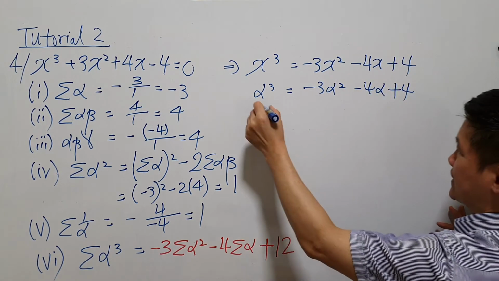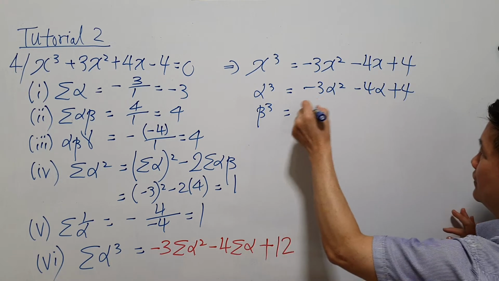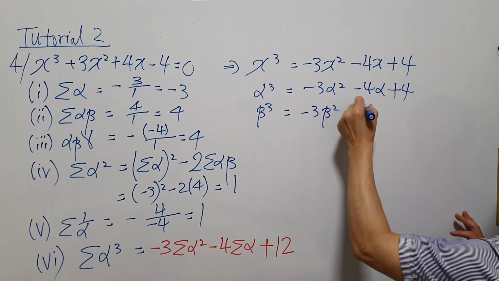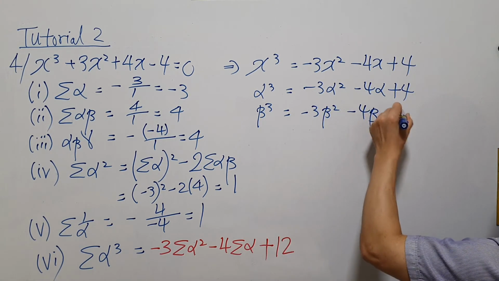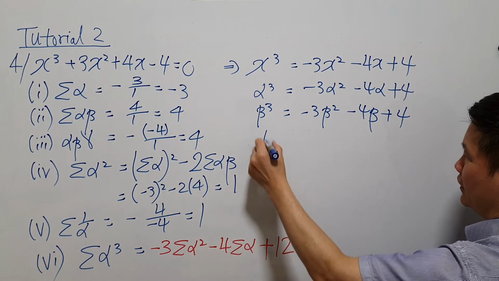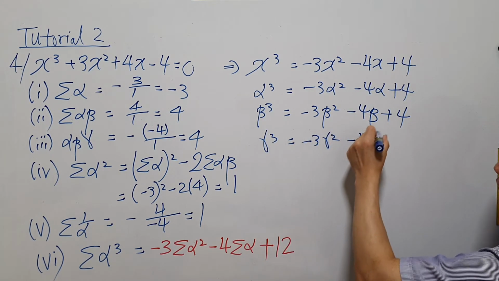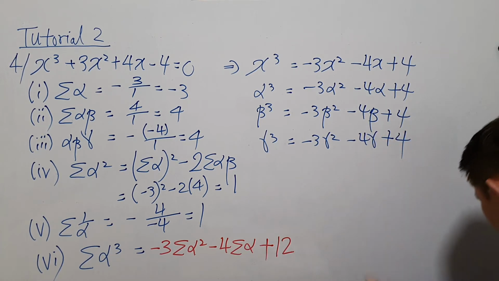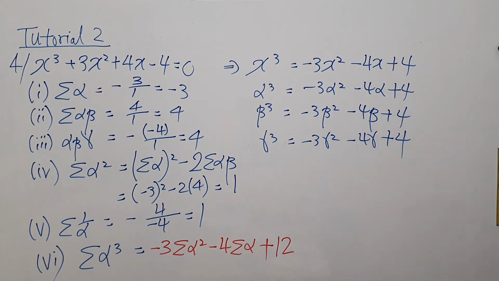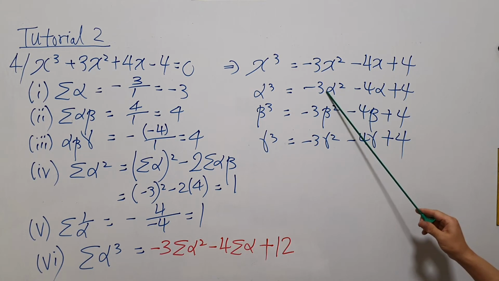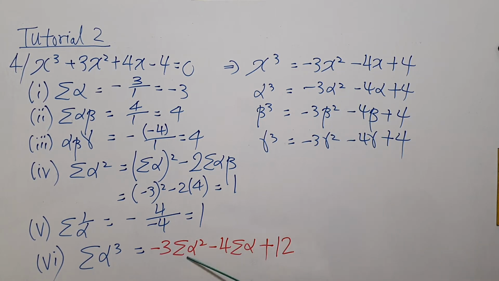Then I put all the x's as beta. And I put it as all gamma. So after you've done this, you want to add them up vertically. This plus this plus this is actually this. This plus this plus this is actually this. This plus this plus this.